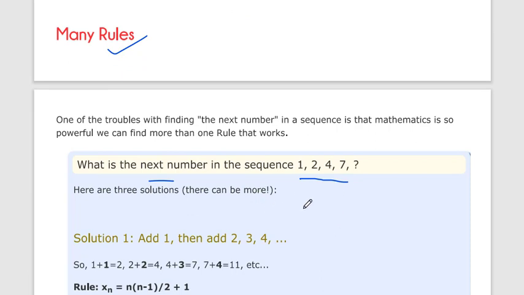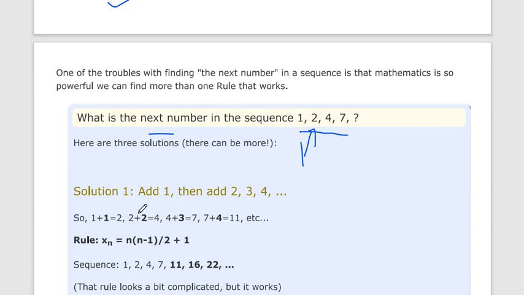Now you can see that if we add 1 to the first term we get the second term. Then we add 2, so we get the next term, then we add 3. You can see there is a pattern of adding 1, 2, 3 and 4.